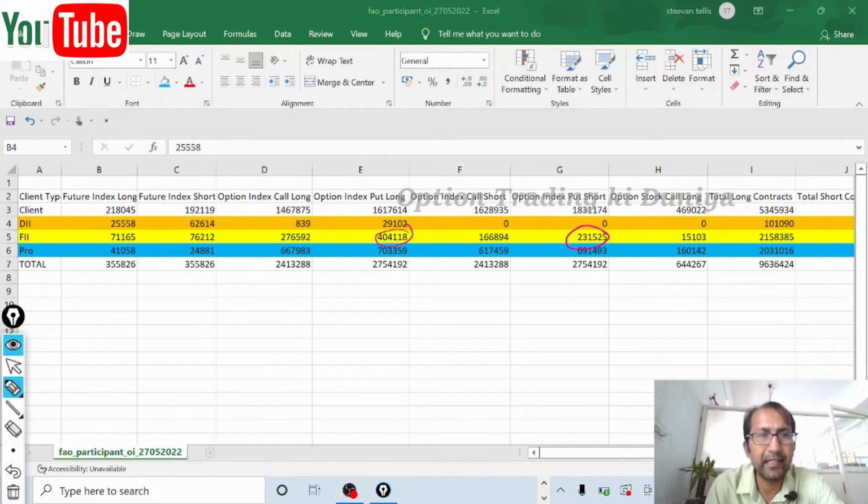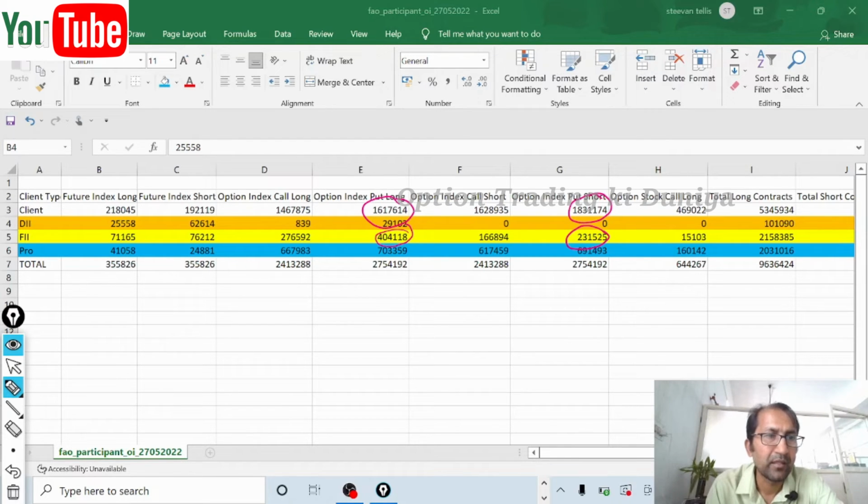Now the retail clients are long on put. They have shorted put more. So these are long and short positions, call and put positions added, that is open interest positions.